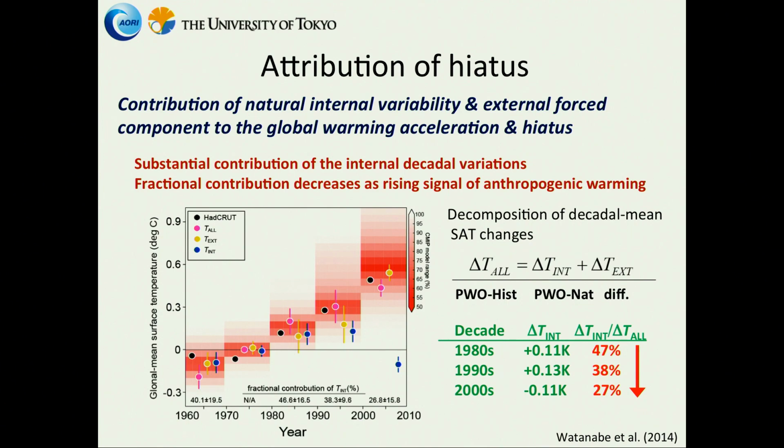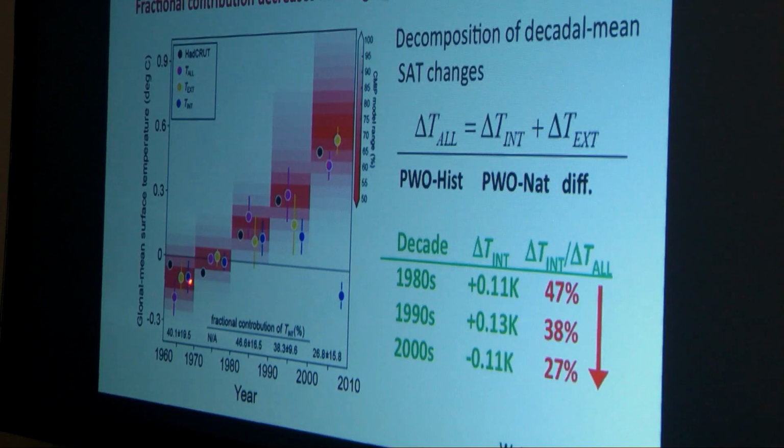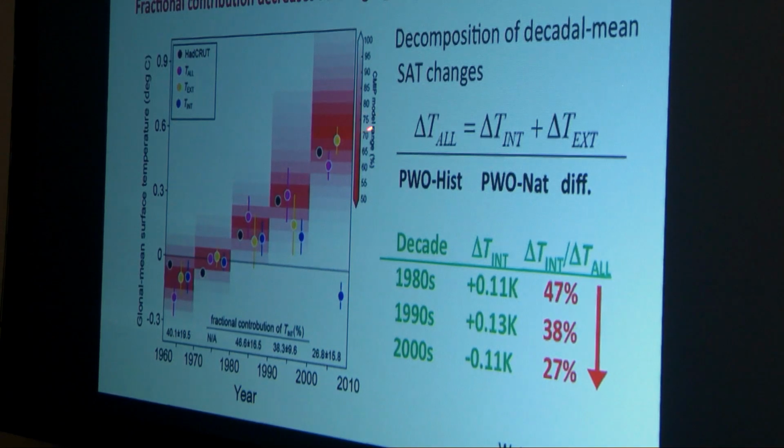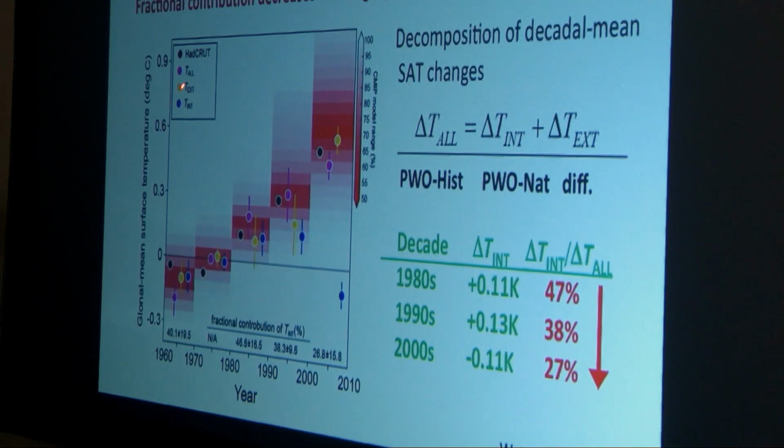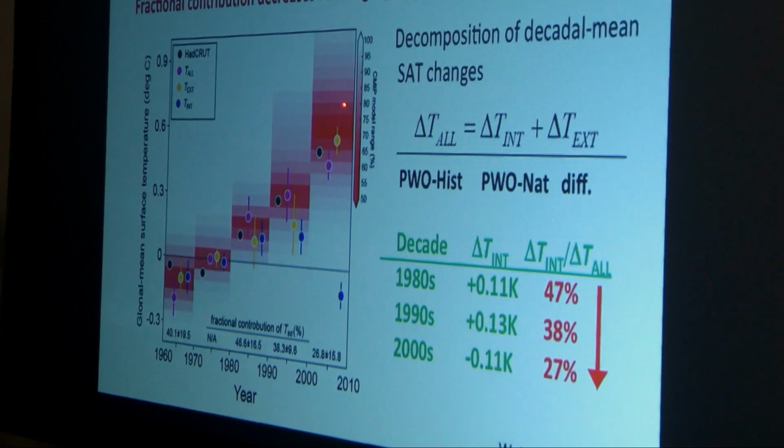And then this is a decade by decade estimation of the global mean SAT, surface air temperature. Blue is the natural contribution, and the natural contribution in this last decade is very negative. Black is observation, and external means what I called anthropogenic.